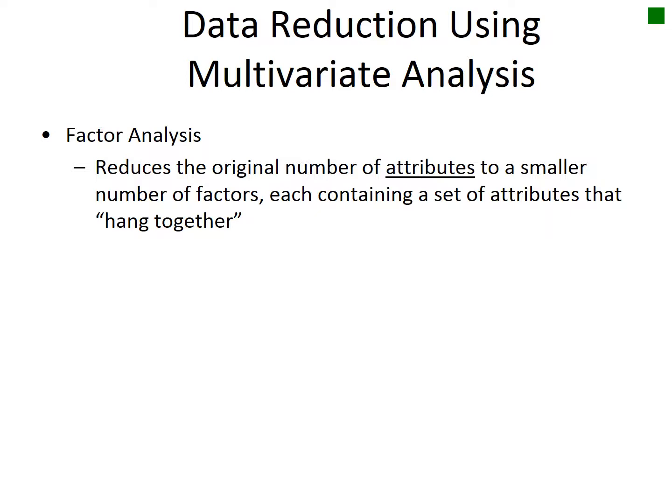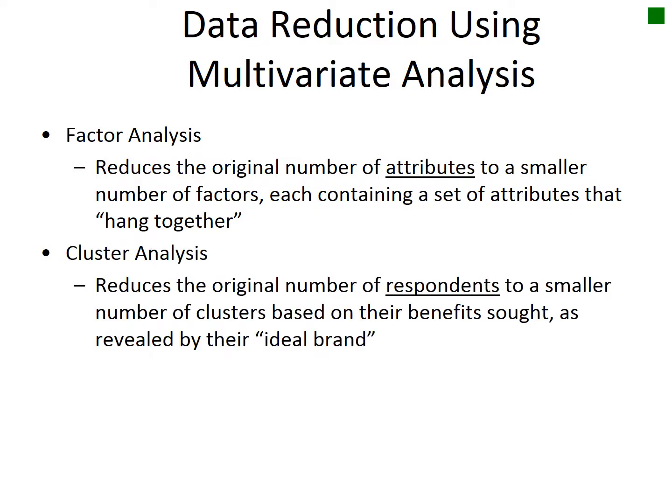So if 2 questions are very similar to each other, what we might do is just put them together and call them one item instead of 2 separate ones, and therefore we combine them together to make one thought that is expressed by both items together, reducing our data from 2 items to 1. Okay, so that's factor analysis.